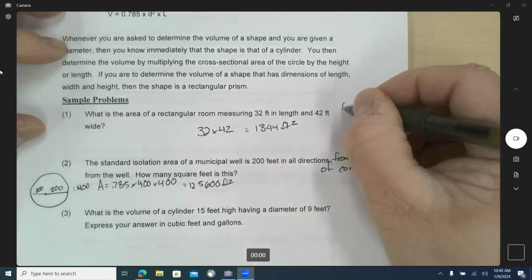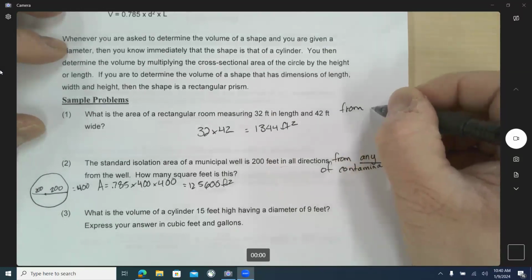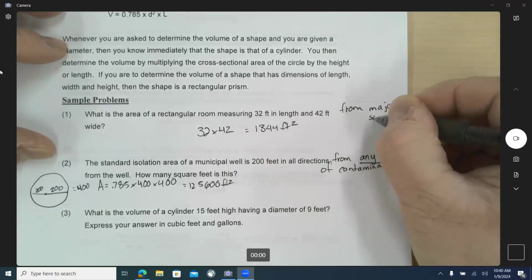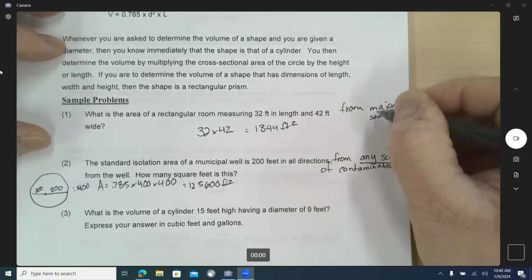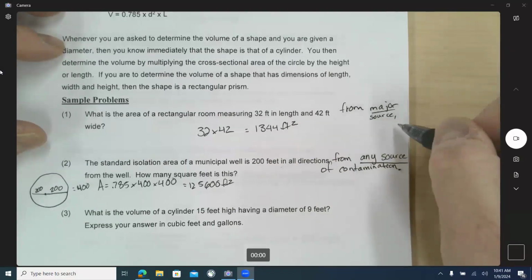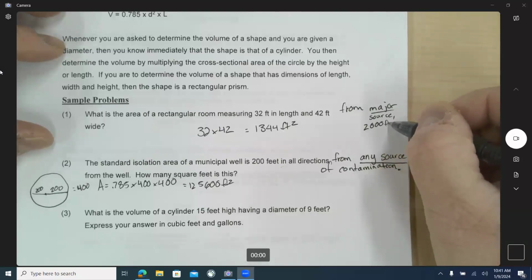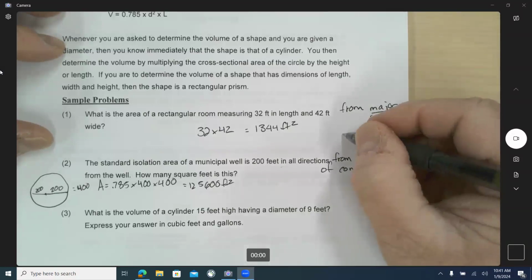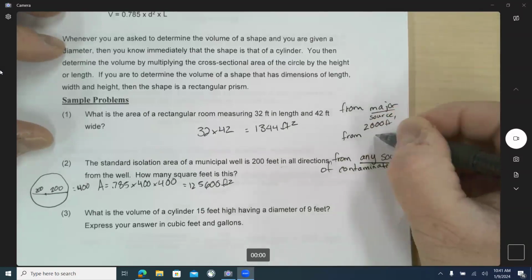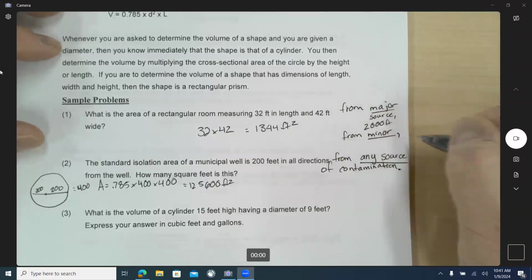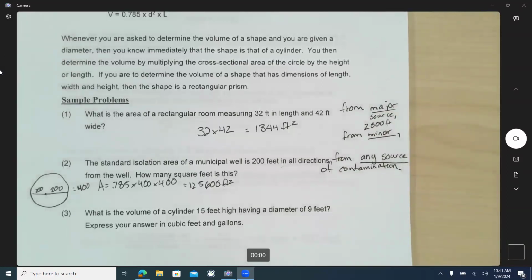But how about from a major source? Any idea how many feet that would be from a major source of contamination? How about 2,000 feet? And then from a minor source, keyword being minor here, how many feet would it be from that?